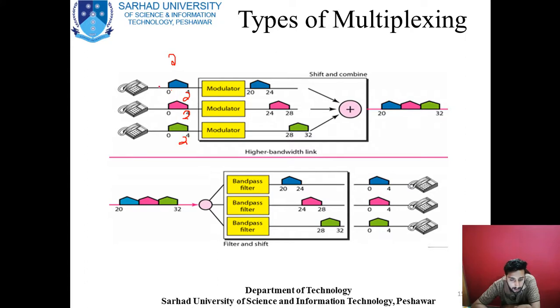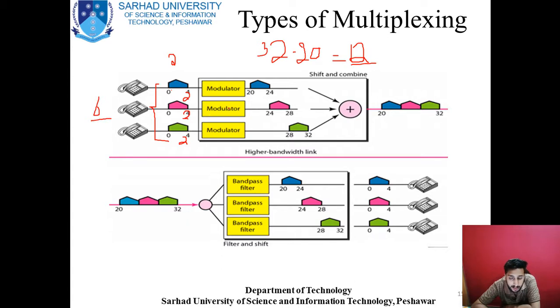So the total bandwidth that you will need on the link will be 2 plus 2 plus 2, 6, and you are given 32 minus 20, 12. This is basically the bandwidth of the link that was given in the question. The bandwidth of the link is basically 12 kilohertz, and you only need 6 kilohertz.